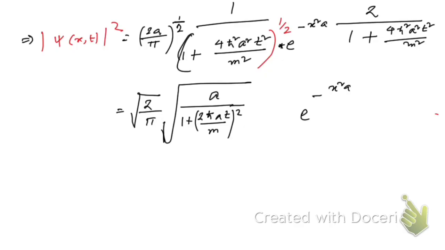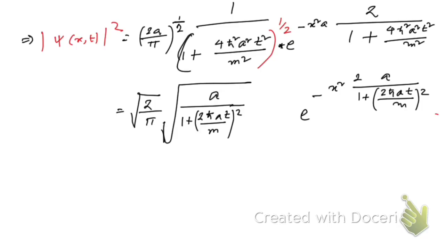So now you see here, this term can be written this way. 2 by a, 2 into a plus 2 a cut a t by m whole square. We can write this way, and then this can be written this way as well.